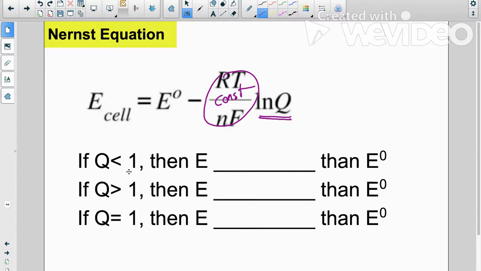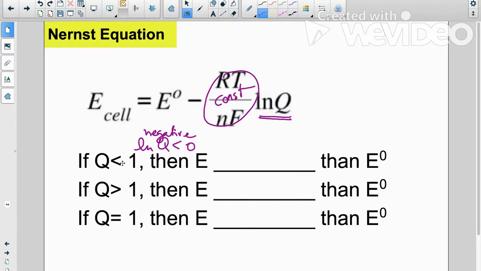So if Q is less than 1, if Q is a number like 1 times 10 to the negative 10, or anything with a negative exponent, you're going to end up with a natural log of Q that is less than 0. You're going to end up with a negative number.